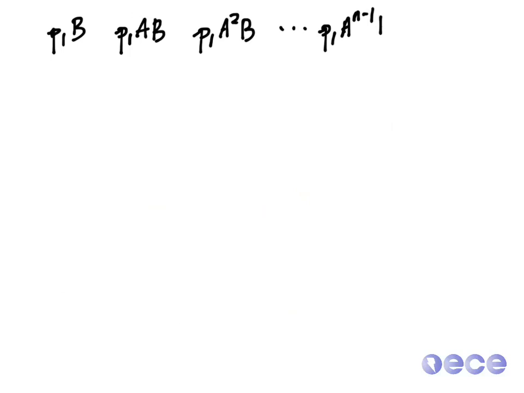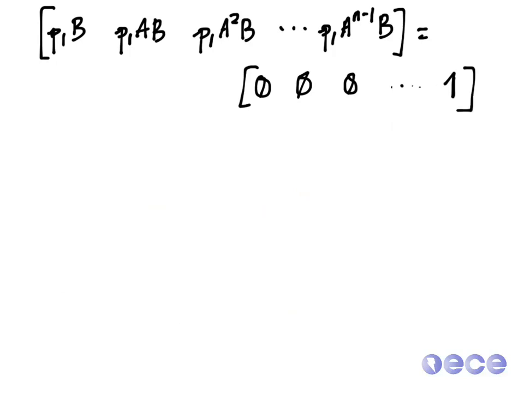So now we're going to write it as P1 times B, P1 times AB, P1 times A squared B, all the way to P1 A to the n minus 1 times B. This is equal to 0, 0, 0, all the way until we finally have a 1 at the end.